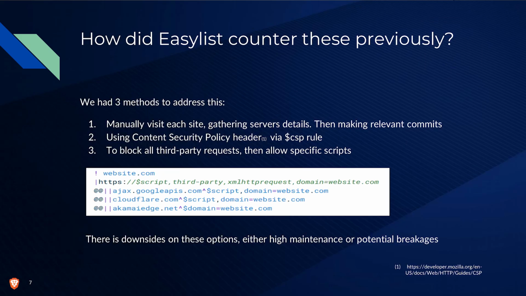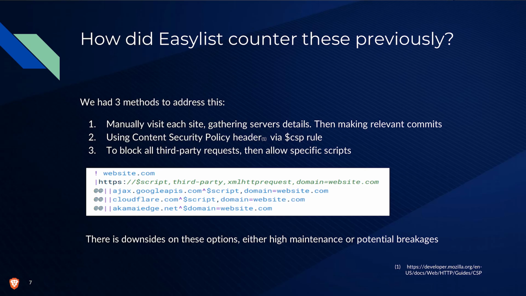So what did we do previously to counter these? We had 3 methods. The most current method was you manually visit the site, add the domain, and then we keep going down this hole of making sure we keep up to date with them. But it's a manual process. Previously we used CSP, which is good but not good because it can break a lot of embedded stuff as well, so we sparingly used that in the past.